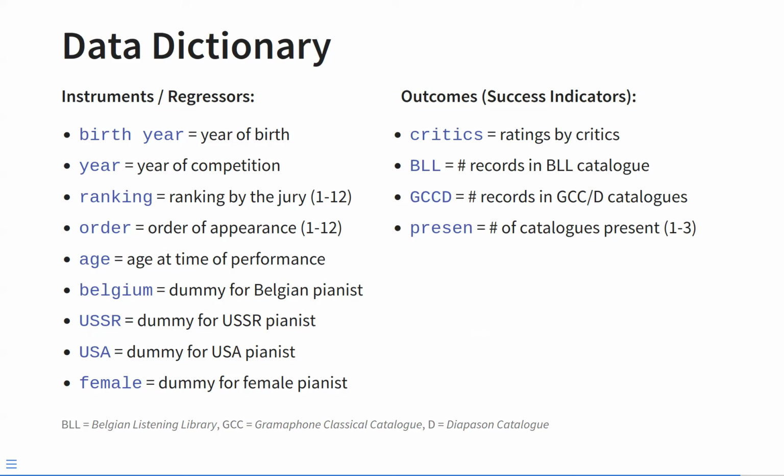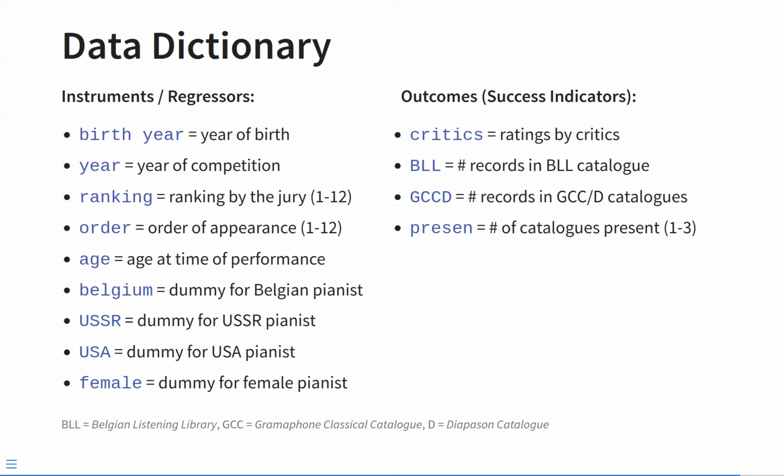Then the outcomes. There are actually multiple different measures of success that the authors considered. Critics is a success ranking based on critical reviews later in your career. BLL is the number of records in the BLL catalog, the Belgian Listening Library. GCCD is records in the Gramophone classical catalog or the Diapason catalog. I think these publications do still exist, but they may be less relevant today now that lots of things are online.